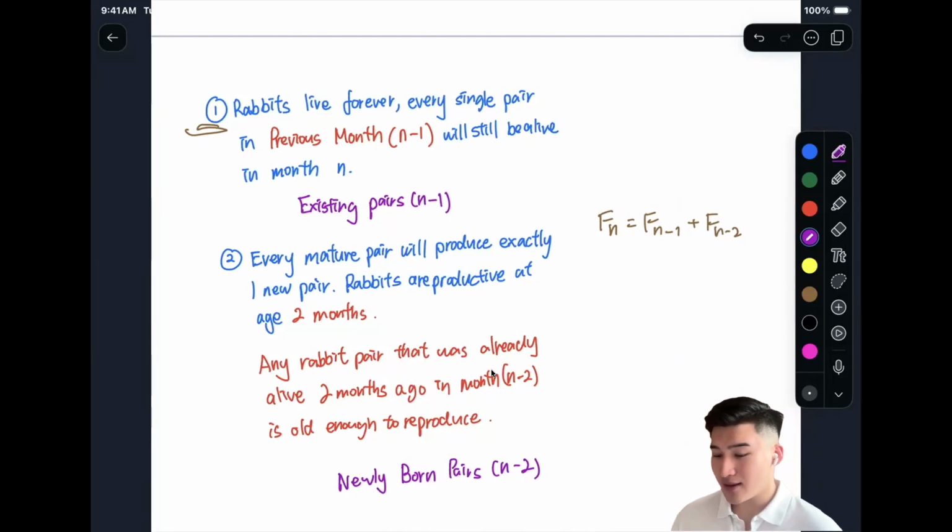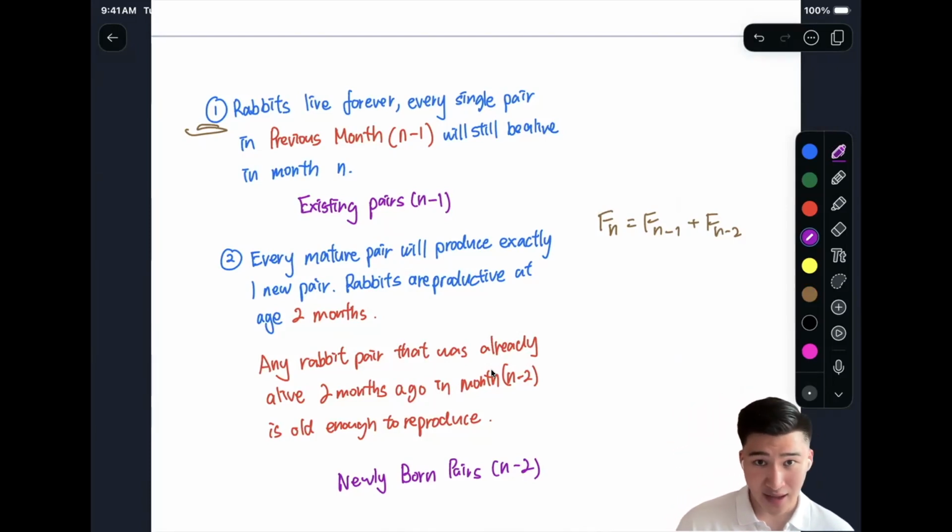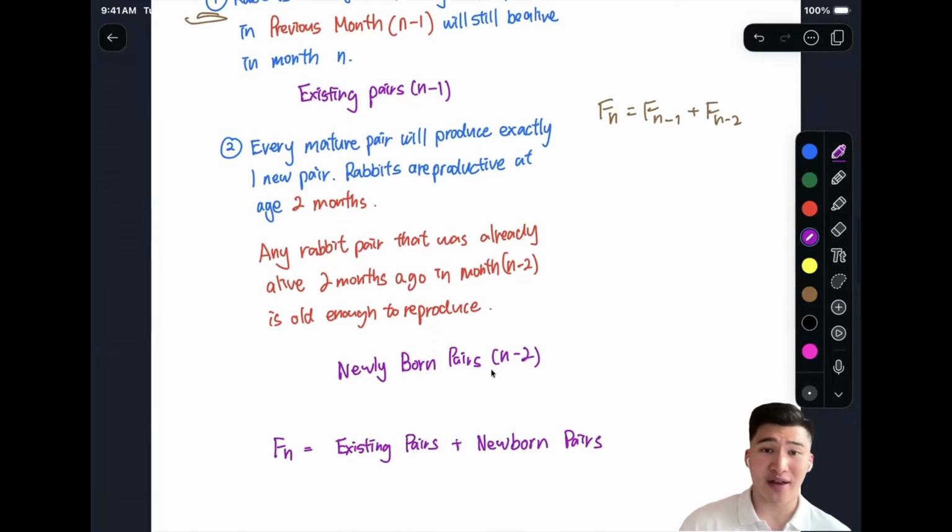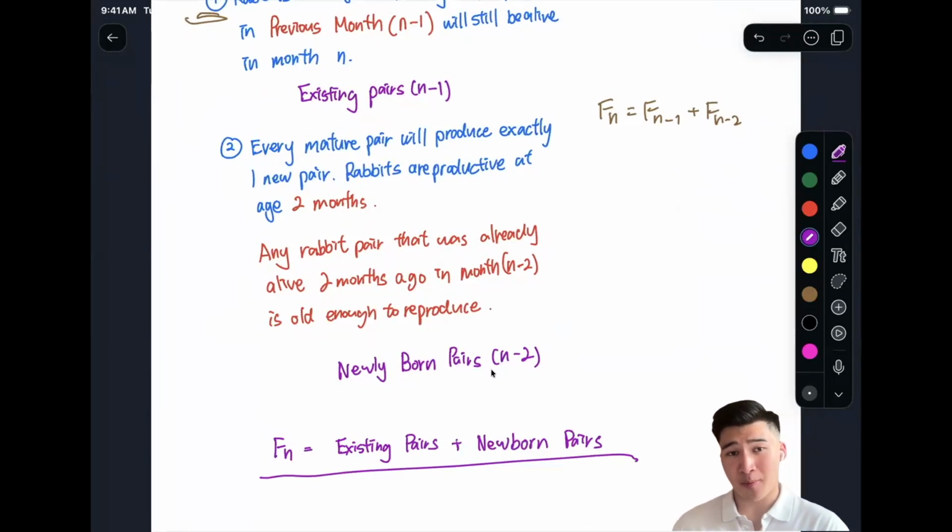And so any rabbits that have already been alive for more than 2 months will reproduce. So Fn minus 2 represents the newly born population. So therefore, we have Fn. The formula is basically Fn is equal to existing pairs plus the newborn pairs.